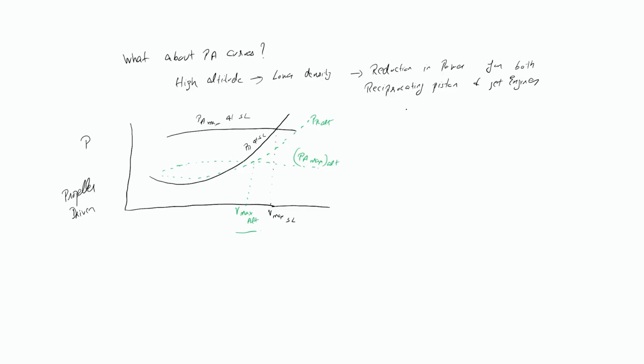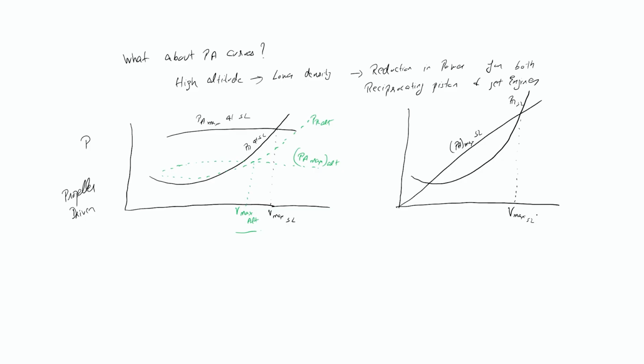Now let me draw for a jet engine. Okay, so now this is power available max at sea level. And this is power required at sea level, and this is the V max at sea level.